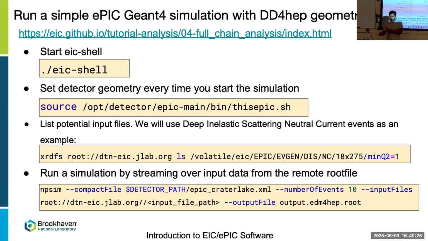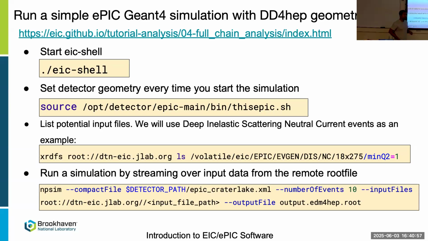I'm not going to go into details about that, but you can look at all of these different detector configurations. I would say, take it as a homework assignment: instead of the crater lake geometry, load just the dirt geometry, see what you see, right? That will give you an idea of how we actually develop our geometry through iterations.